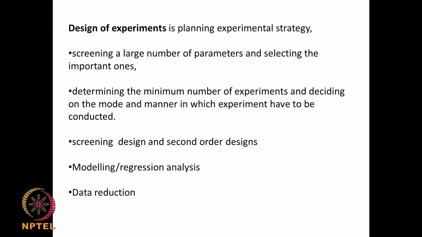So you take a large number of parameters, do some experiments, screening, eliminate variables which you think are not useful, take a small number of parameters and then do as many experiments as needed to get a complete understanding. That is called second order design. Okay. Then once you do the experiment, you can do mathematical modeling, you can do a regression analysis, you can do different types of curve fitting, surface fitting.